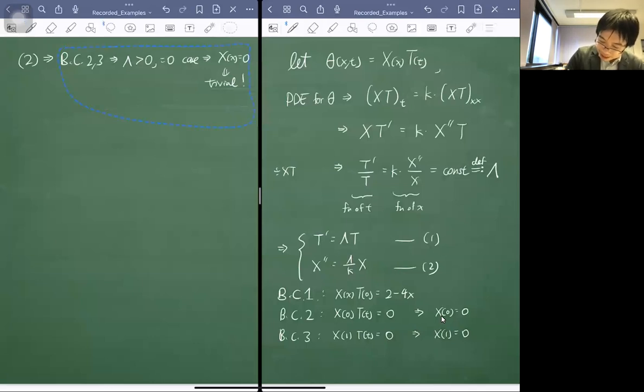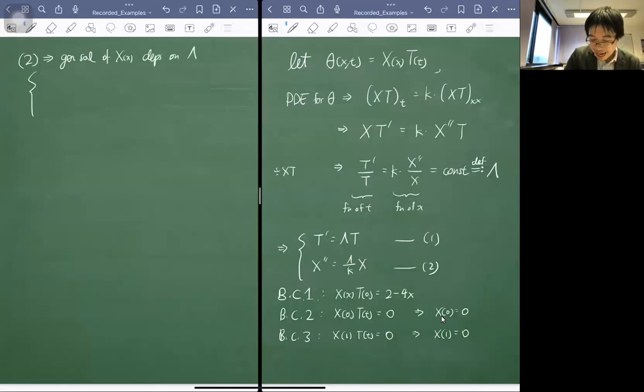So maybe let's actually write this out. Equation 2 implies the general solution for X depends on the sign of lambda.